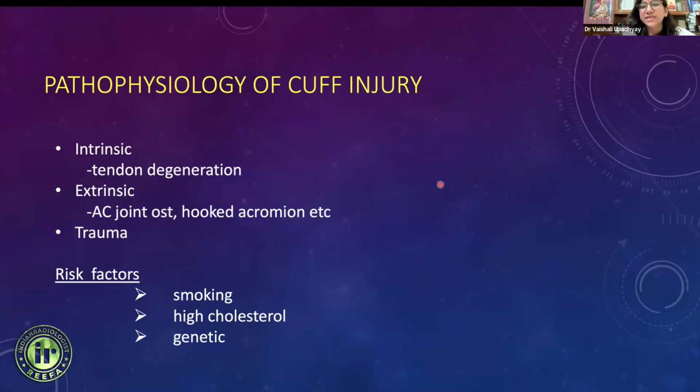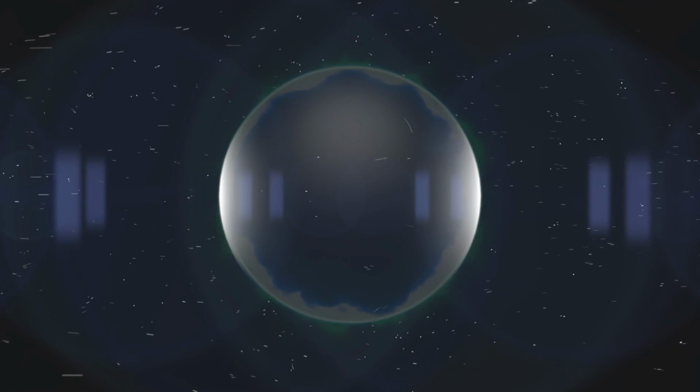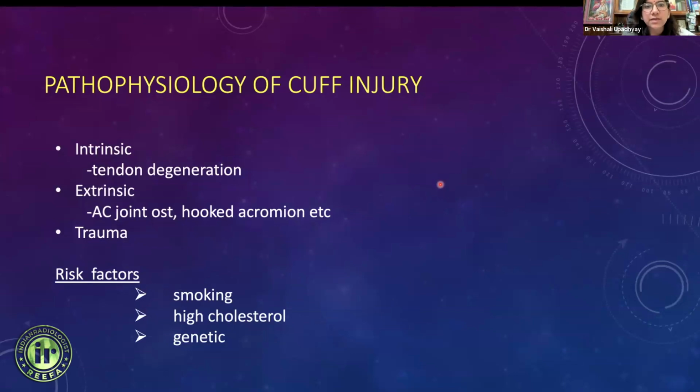And then there are some extrinsic factors, like a hooked acromion or AC joint arthropathy, which is constantly impinging upon the cuff and then leading ultimately to a tear. And then, of course, there is trauma. So trauma is another thing which can cause an acute cuff tear.